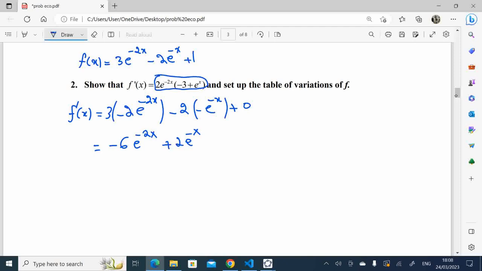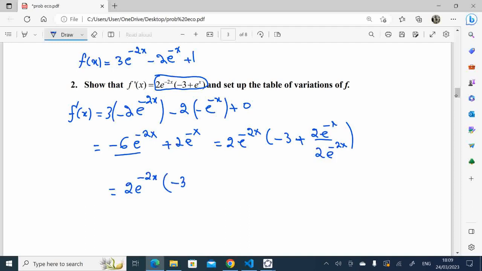So as you can see here, if I take 2e^(-2x) as common factor, we get first minus 3, from this term what remains is minus 3, plus 2e^(-x) over 2e^(-2x), which is equal to 2e^(-2x) times minus 3, the 2 and 2 cancelled, plus e^(-x) minus (-2x).